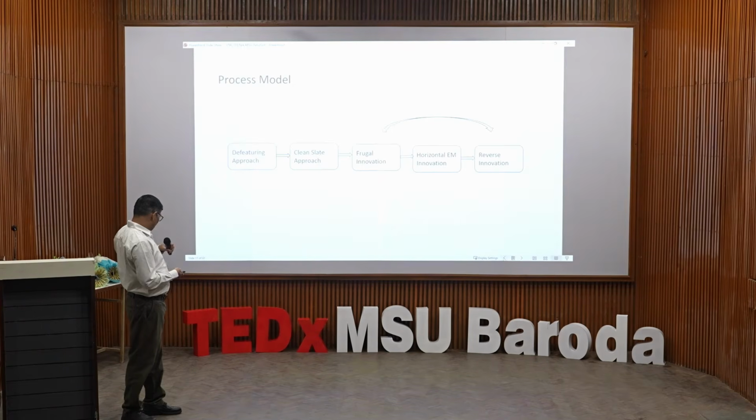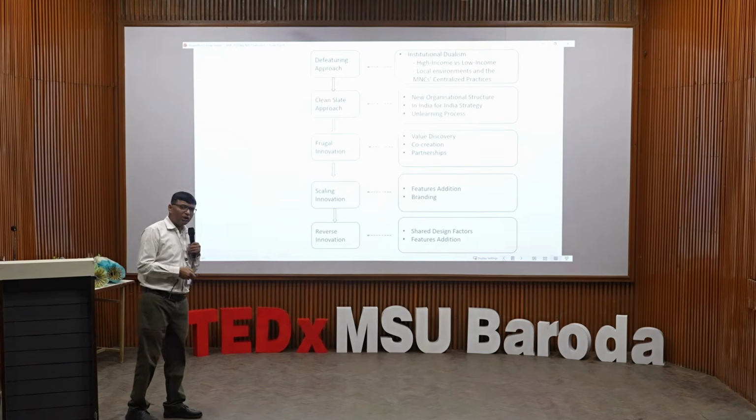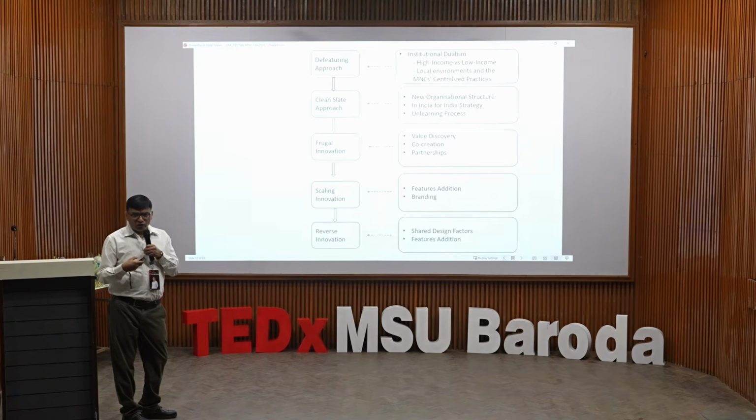So let me explain using an example. In our research, we attempted to find what drives all of these intermediate stages in innovation flow. For example, why do companies do defeaturing? We found that local subsidiaries need to adhere to the practices and protocols of their parent or global headquarters.